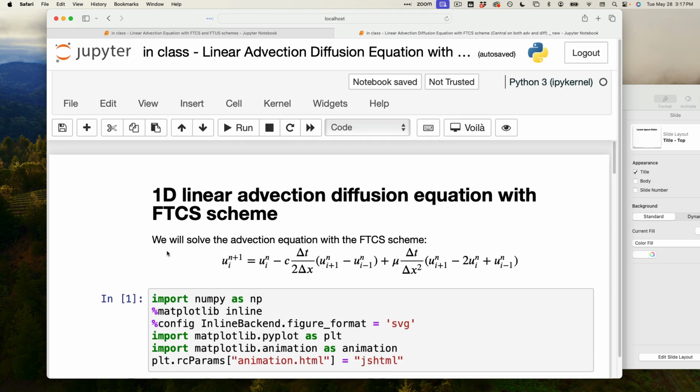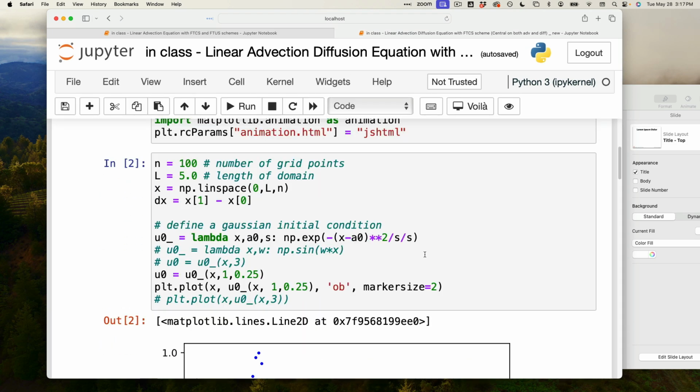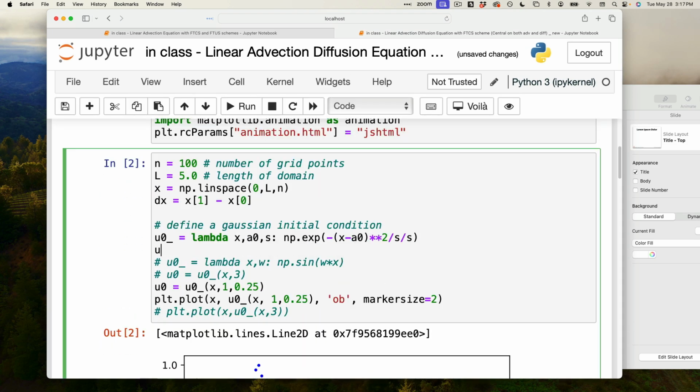Okay, so here's what I will do. I will implement simply a u exact, another u0, and I'm going to give it a lambda. This is going to take x, omega, and t. Okay, and I will do A equal to 1, so amplitude is 1.